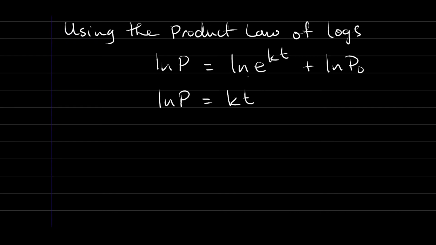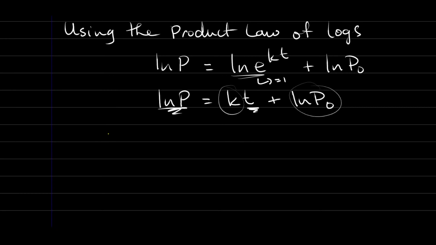And now remember, ln of e is simply 1, so I'm just going to have 1 inside here. I'm not going to put it back. This here is equal to 1, right? So then plus ln p naught. And notice you have your variable here, and then you have this constant here, the growth constant, and this constant here is the intercept, right?